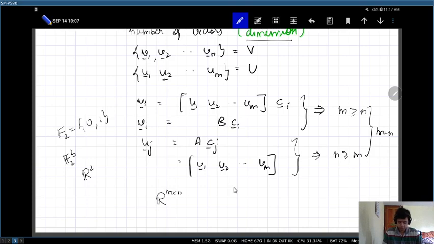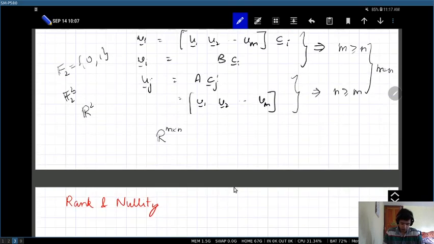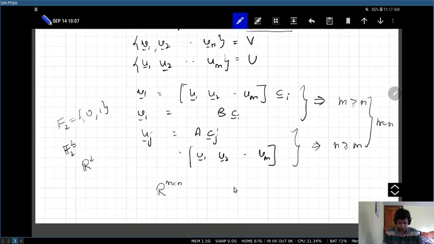Think about it, right? Another vector space is the space of polynomials.